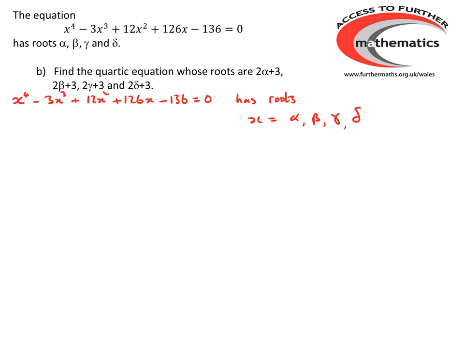And the key thing to get this started off is at this stage to say, right, let's have y equals 2x plus 3. In other words, x is y minus 3 divided by 2.